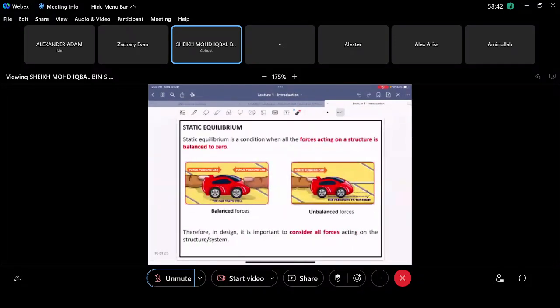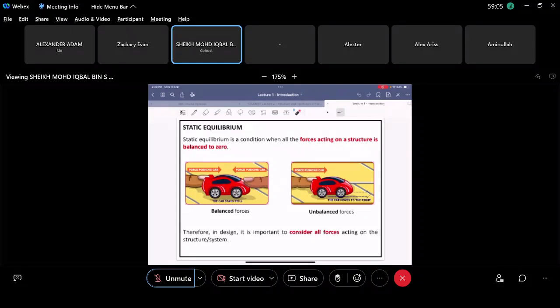Okay. And then this is another important term, static equilibrium. Whenever you see static equilibrium in a question, you know that the force will be equal to zero. So what does static equilibrium mean? Static equilibrium is when all the forces acting on a structure are balanced to zero.